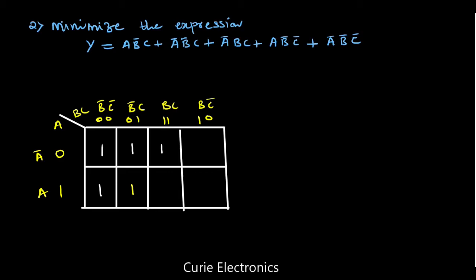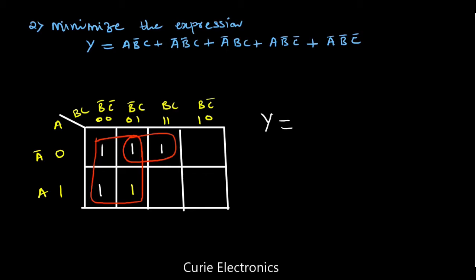Now we have to simplify this. Here also you can do the grouping. So 4 ones we can take. What about the remaining cells? All are 0. Then these two. So we have a quad and a pair. What is the output expression?